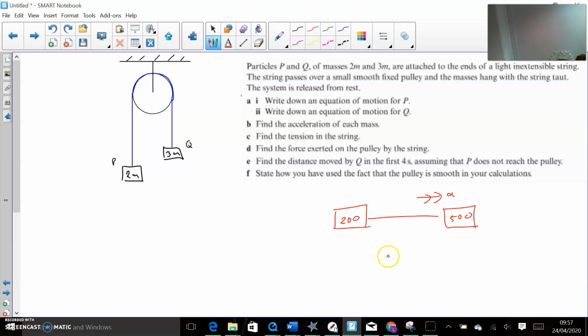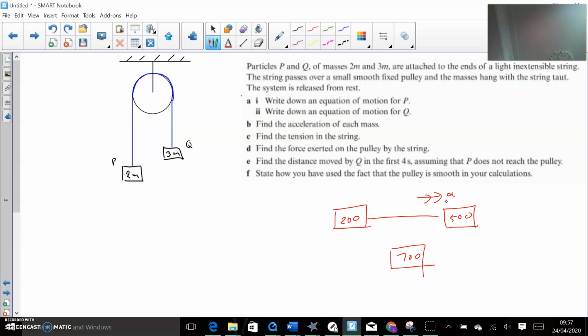We were able to consider this as one particle of 700 and work out the acceleration from that. That's because both particles were moving with the same acceleration, because it was an inextensible string, and in the same direction. So the acceleration was of the same magnitude and the same direction.